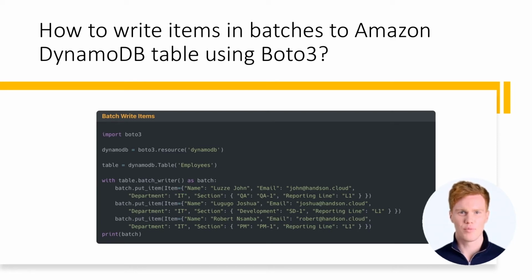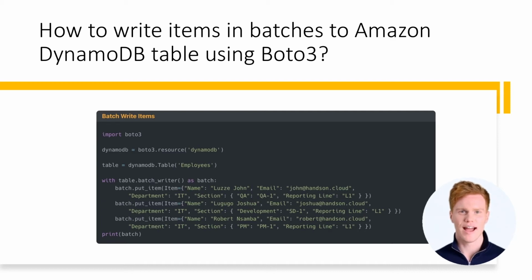All items in the request must belong to the same partition key value. You cannot update an existing item, you can only insert or delete new items. If you need to update an item, you must delete it and then insert a new item with the updated data. For more information about the batch write item API call, check out the Amazon DynamoDB Developer Guide.